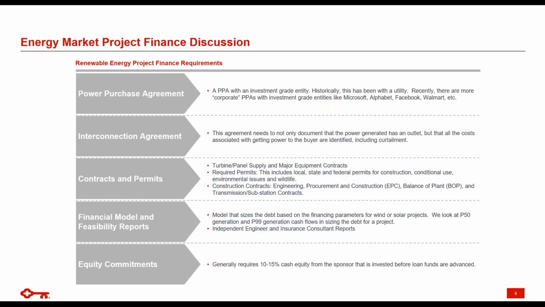It may be a utility. You also see a lot of activity by corporate offtakes as well. The interconnection agreement, dealing with either a regulated utility or in an unregulated region of the United States, but certainly understanding how that power is going to move onto the grid and ultimately going to have transmission access to get to the final customer.